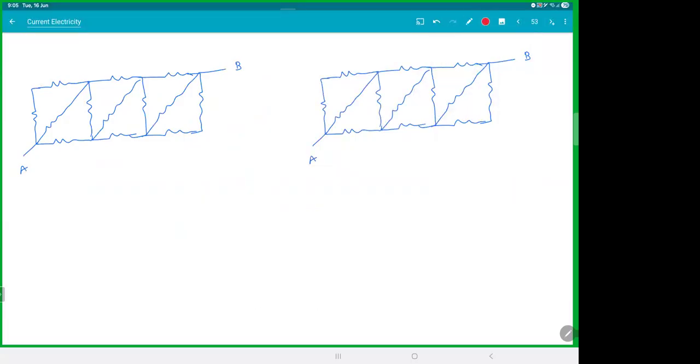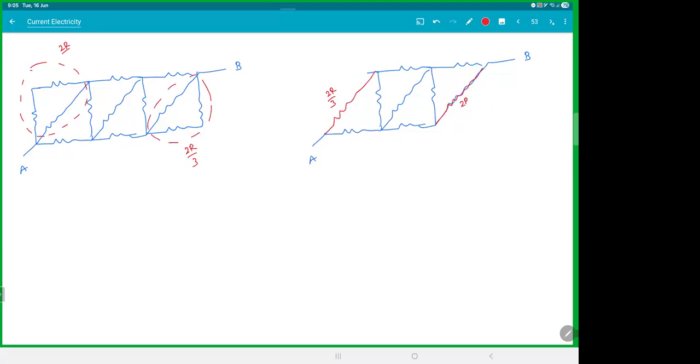So if you look at this junction here, this whole triangle here, that R and R are in series, and this will be 2R by 3. This whole section also will be 2R by 3. Then what you can do here, you can remove this and say this was 2R by 3. This is 2R by 3. There. Now you can't actually do anything.